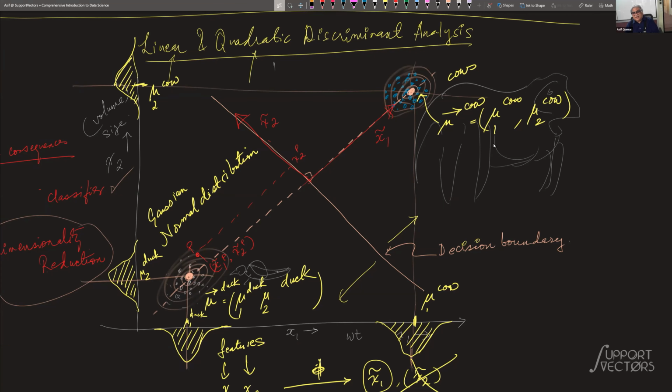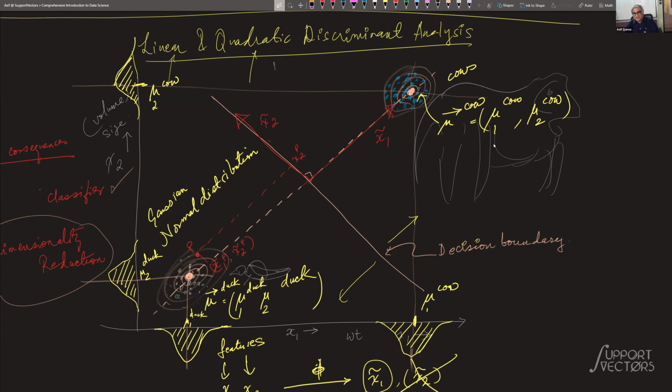Now, with that being there, it almost invites us to connect the two centers, the center of the cow and the center of gravity of the ducks. And then once you have joined it with a line, and that is the dashed line here, then draw a perpendicular bisector of the two.